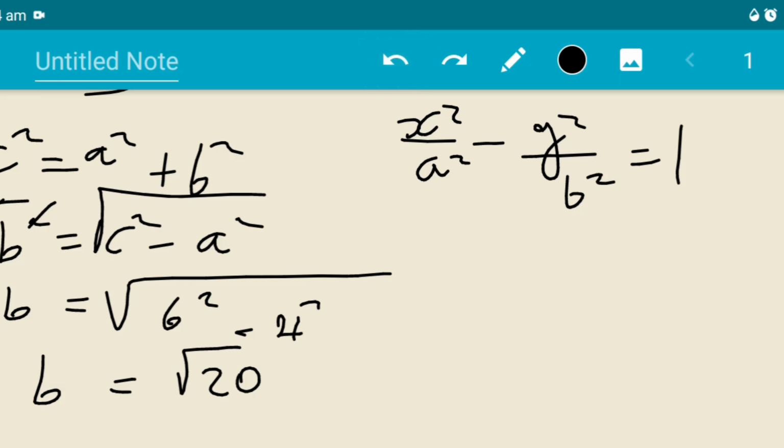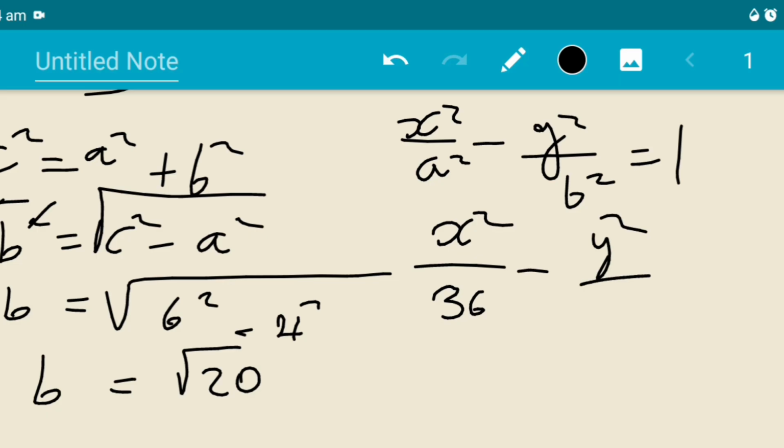So this would be x squared over, what is our a? Our a, as we found, is 6 squared, which is 6 times 6, which is 36, minus y squared over the root of 20, squaring it, over 1.